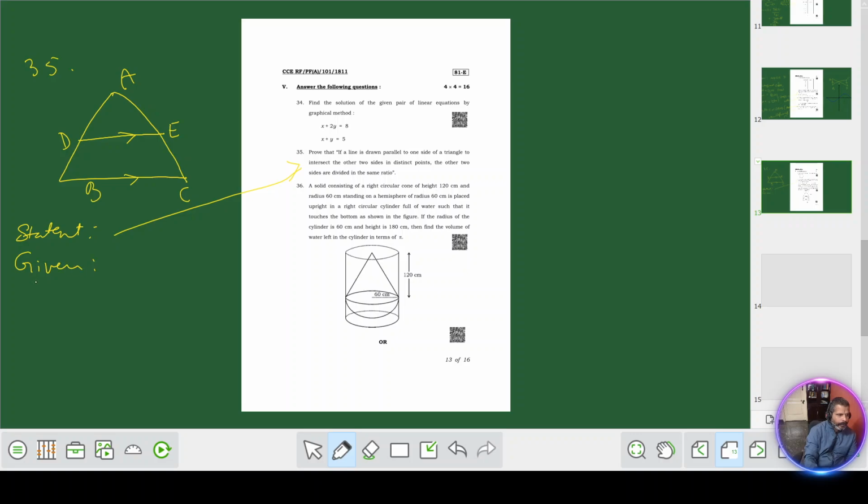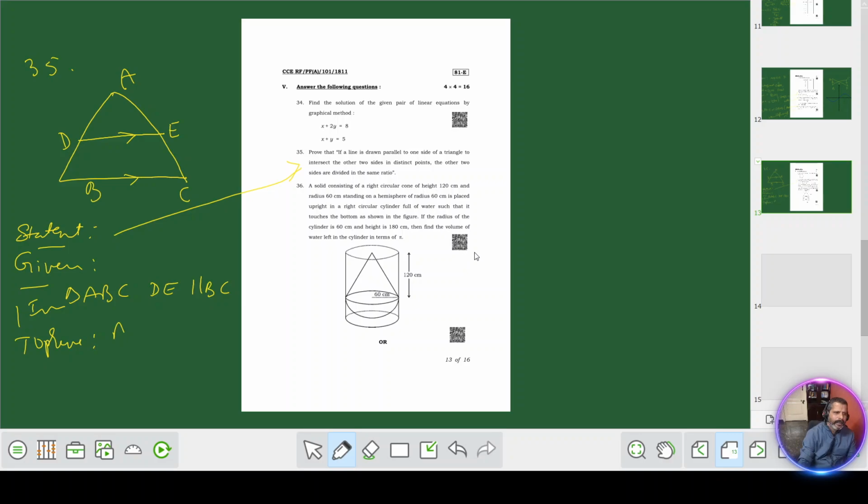Then write the given. What is given? ABC is a triangle. In triangle ABC, DE is parallel to BC, given. Then to prove: the other two sides are divided in the same ratio, that is AD by DB equals AE by EC.